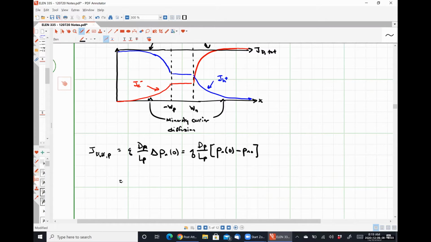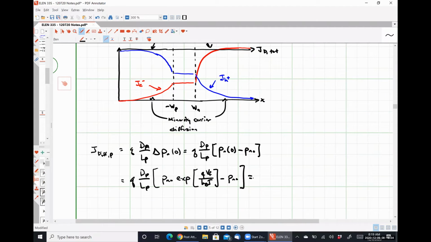is equal to Q DP LP PN naught EXP Q VF over KBT minus PN naught.